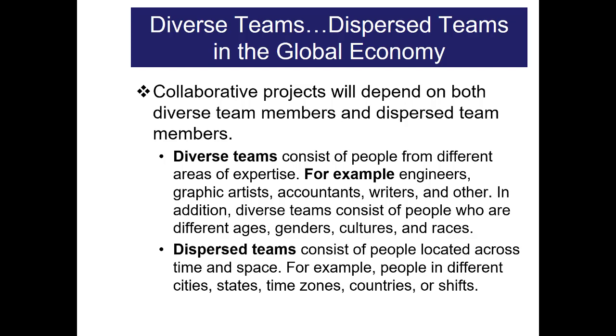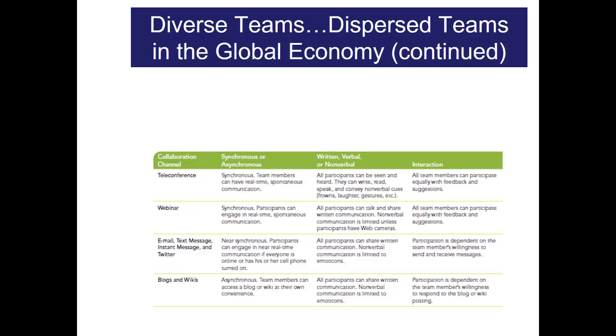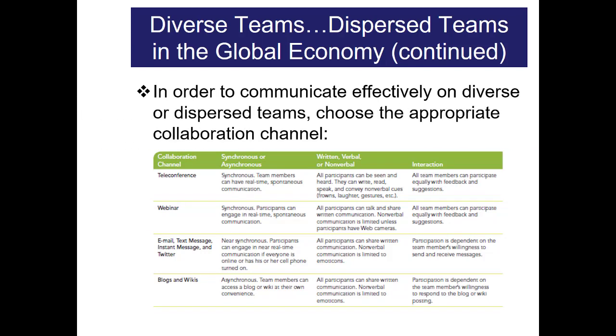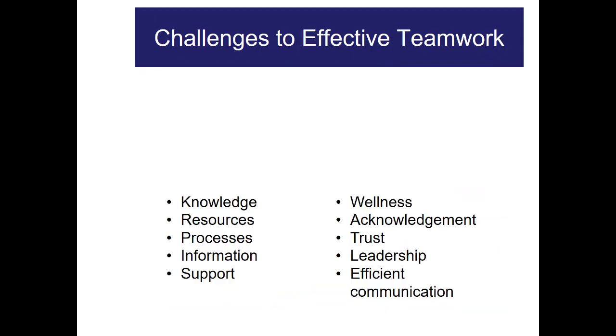Disparate teams consist of people located across the globe. So in order to communicate effectively on diverse and disparate teams, choose appropriate collaborative channels. It may be teleconferencing, webinars, emails, to communicate. People are far away from you, so you interact with them using different forms of communication.